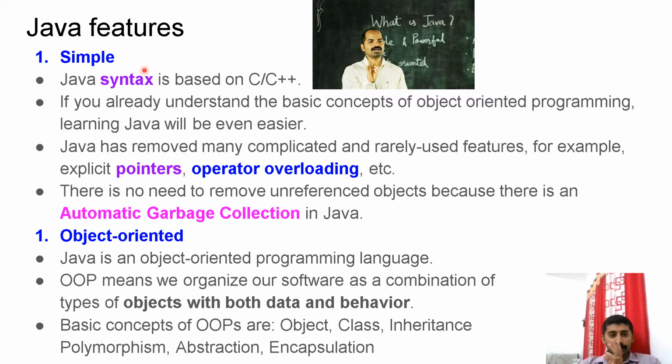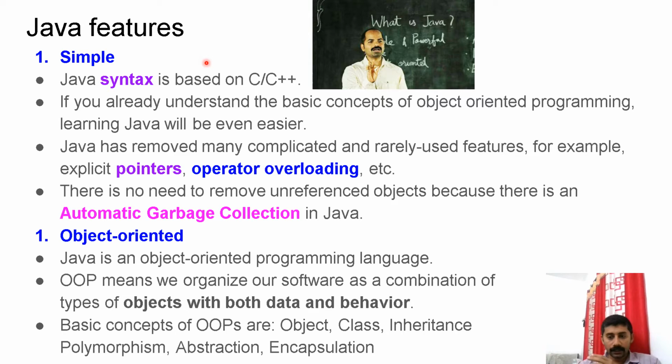Simplicity means this feature is very popular. We should say thanks to certain movies. Anyway, now we need to understand why it is simple. Our goal is to understand the reason behind the simplicity. Java is simple because the syntax is very similar to C and C++.